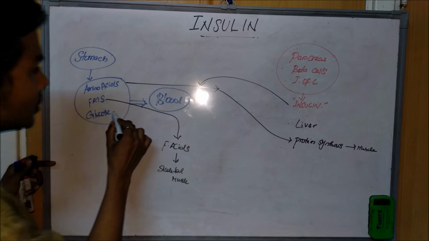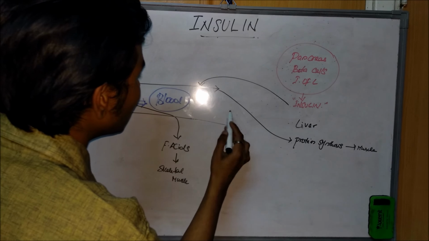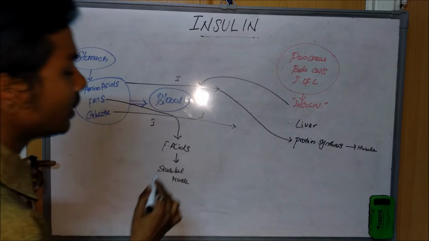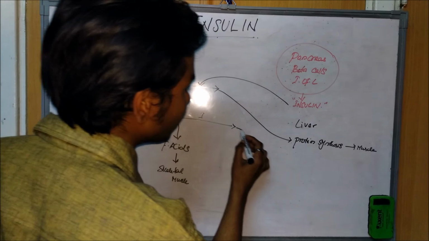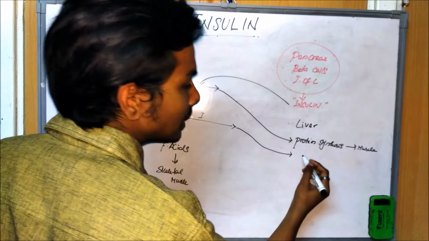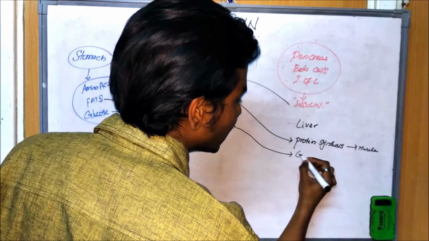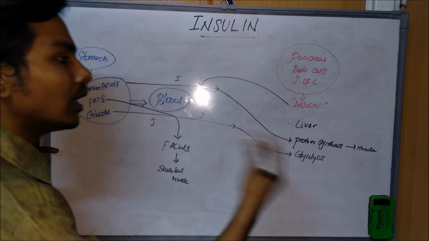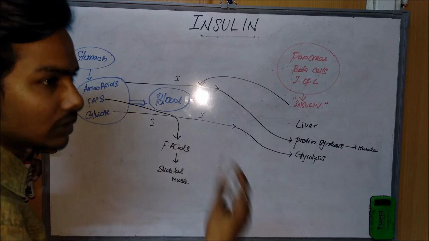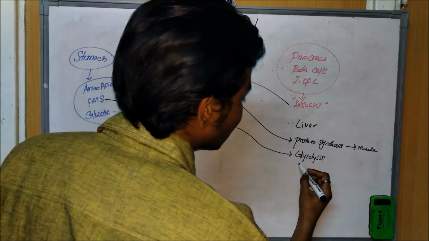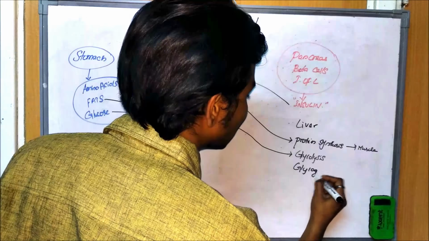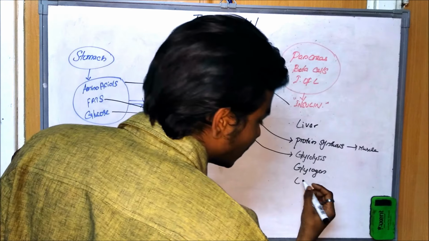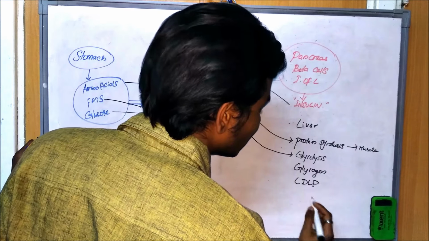After that, glucose is absorbed in the blood, and this whole process is done with the help of insulin. It goes to the liver and starts glycolysis, which produces some energy used in metabolism, and then it is converted into glycogen, and there will be low density lipoprotein.